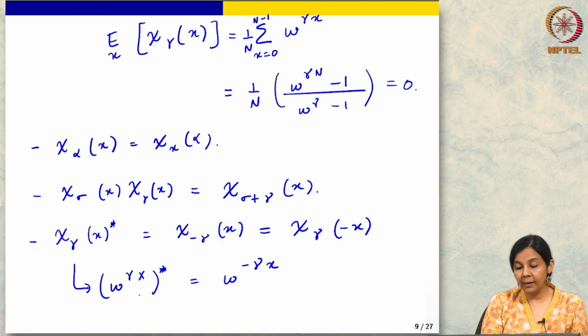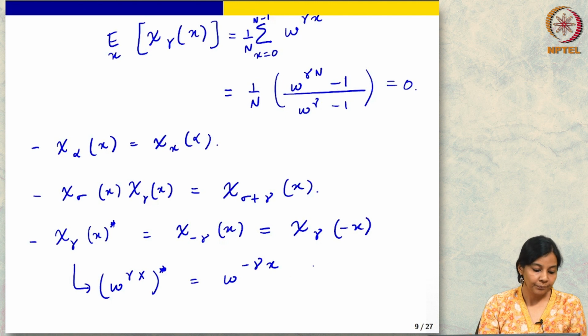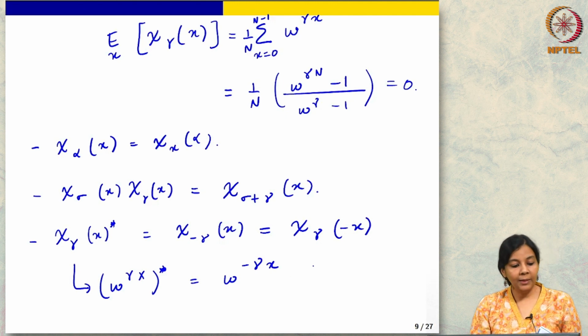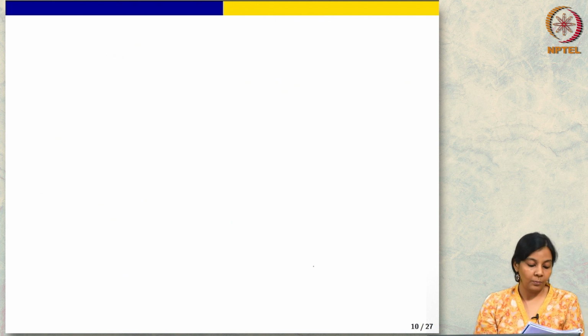Does everybody agree with this? Just think of omega as e to the 2 pi i by n, write it as cos plus i sine, and then the conjugate will flip the sign. So you will get this, and this will give you what you need. Okay, so now equipped with these properties, we can immediately conclude that these form an orthonormal basis.